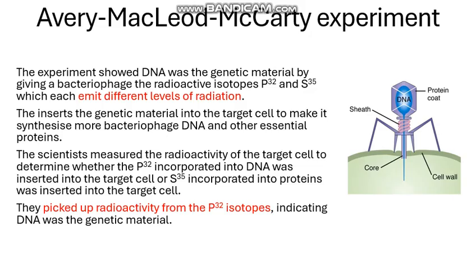So they basically checked the radioactivity of the target cells to see whether the bacteriophage had inserted DNA into the target cell, or if it had inserted proteins into the target cell.